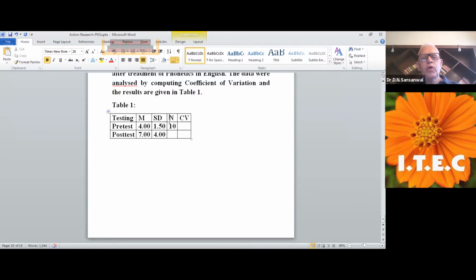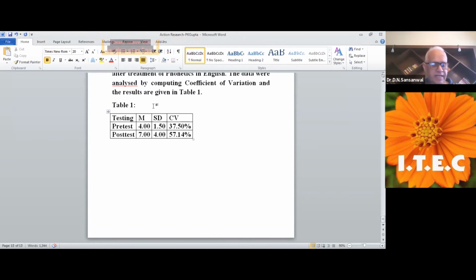Or if you do not want, let us not, because I don't require this here, so I can say CV, because N I don't require. So the CV will be 37.50%, and this was 57.14%.